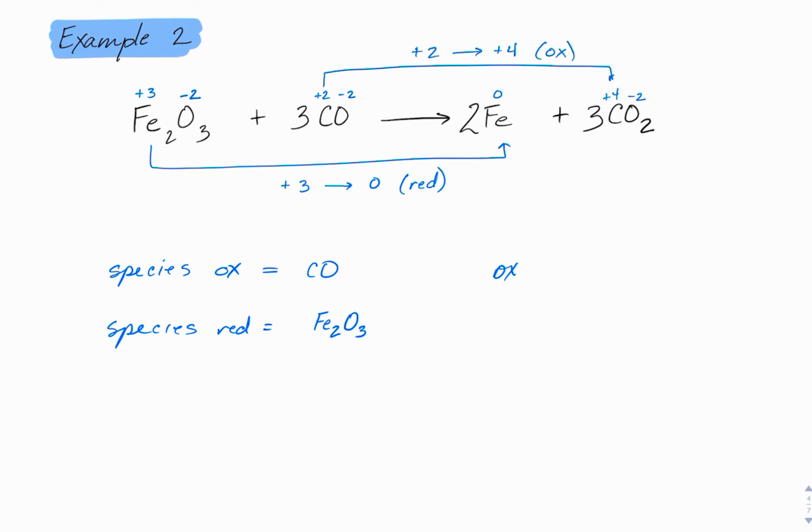The oxidizing agent and reducing agent are the opposites. So Fe2O3 is the oxidizing agent and carbon monoxide is the reducing agent.